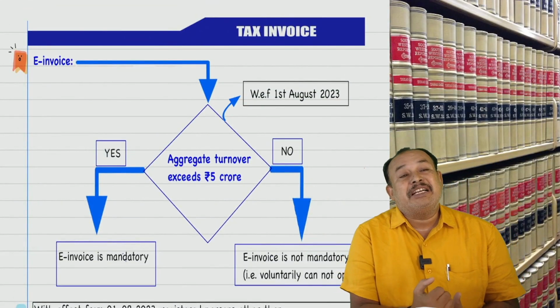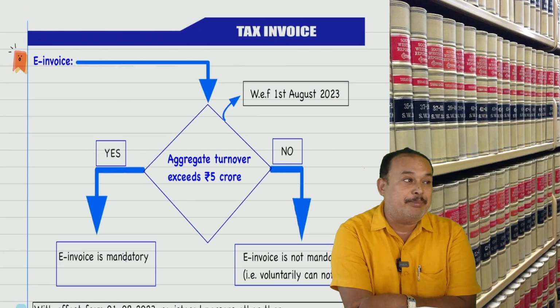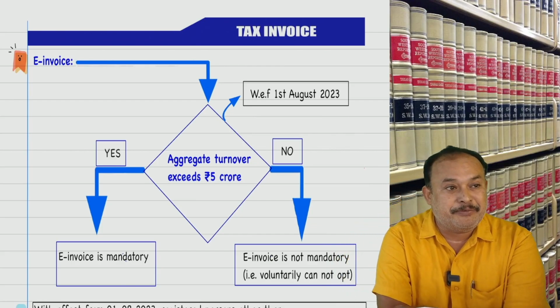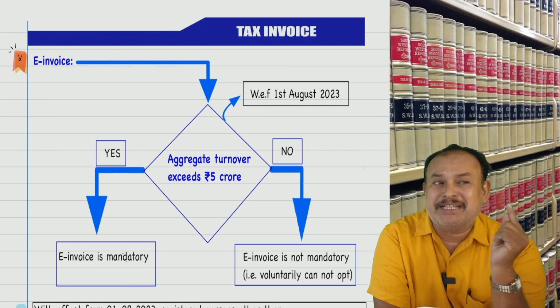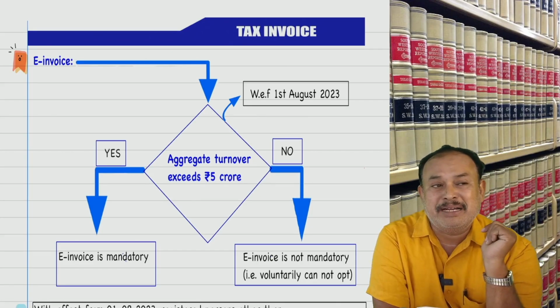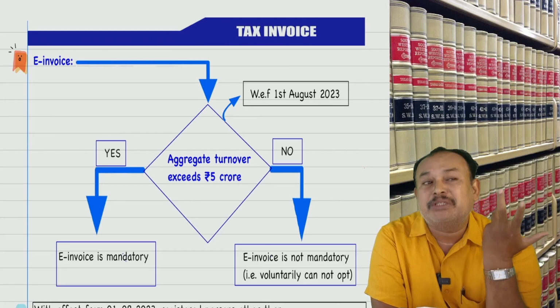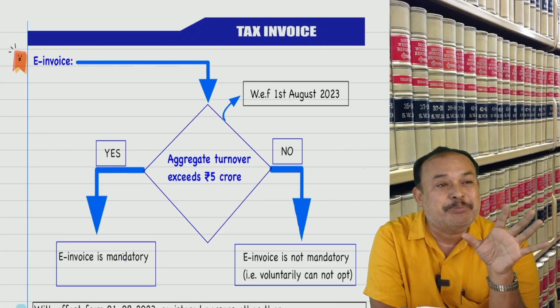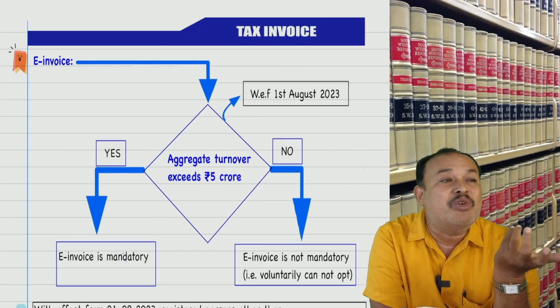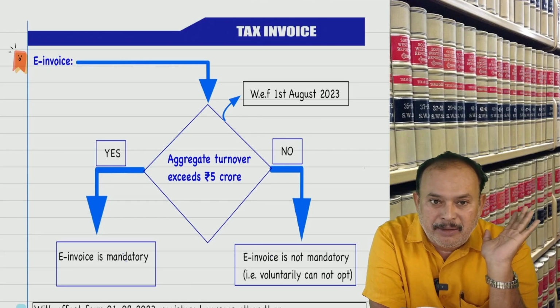And finally, practically I am telling you, be careful. To claim input tax credit, the recipient procures goods, for example, from a supplier who is a registered person and whose turnover exceeds 5 crores, for whom e-invoice is mandatory. Is that clear?